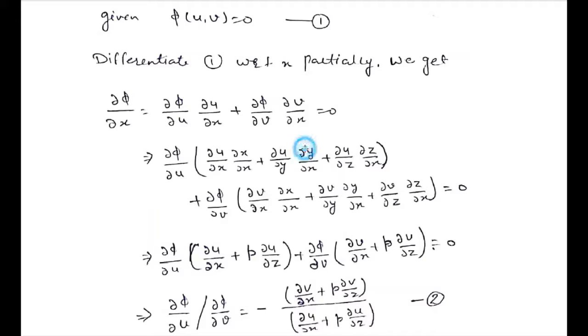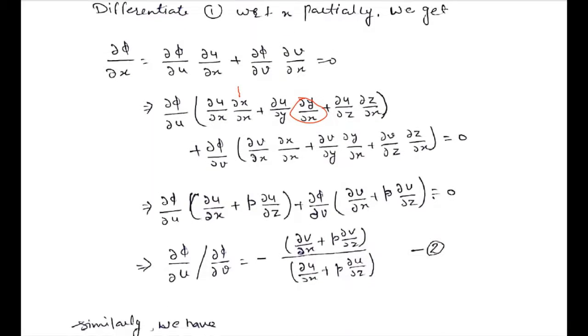This term becomes 0, and del x upon del x becomes 1. So finally it converts into del phi upon del u times (del u upon del x plus p del u upon del z), and the second term converts into del phi over del v times (del v upon del x plus p del v over del z), as v is also a function of x, y and z. So both terms convert into these terms.